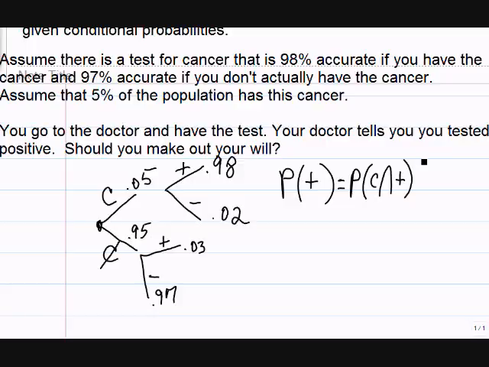Or you don't have cancer and you test positive. So I'm going to do no cancer and test positive. Okay, let me write this out a little bit better. The probability that you have cancer and test positive is the probability you have cancer times the probability that you test positive given you have cancer.